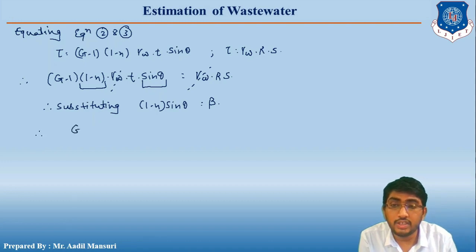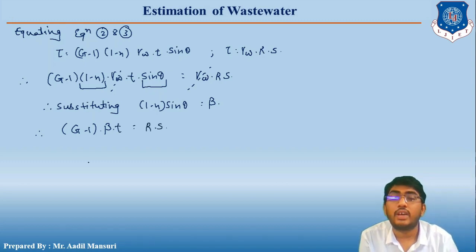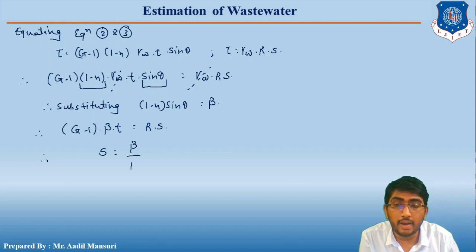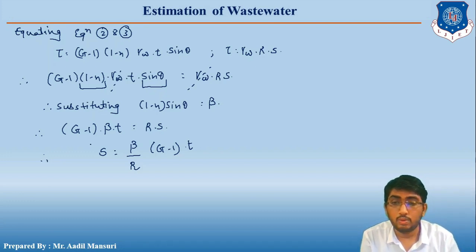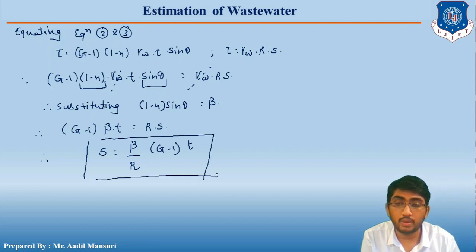Therefore (G minus 1) beta T will be equal to R S, right? Therefore bed slope S will be equal to beta by R (G minus 1) T. Okay, so this is the equation of bed slope.